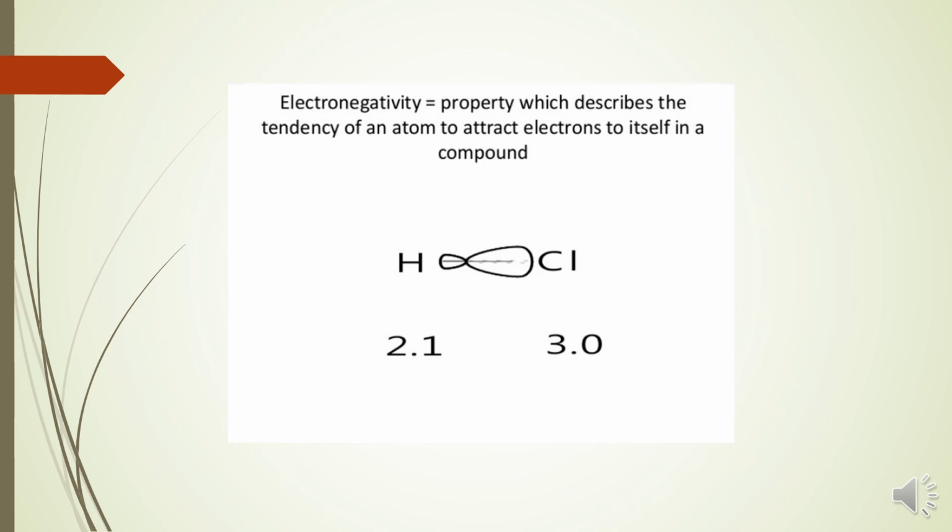It is the molecule of hydrogen chloride, in which the electronegativity value of chlorine is 3.0 and that of hydrogen is 2.1. So that is obvious that electronegativity value of chlorine is more than hydrogen. So chlorine will attract the shared pair of electrons towards itself, and that will result in the formation of opposite poles, which will result in a polar covalent bond.